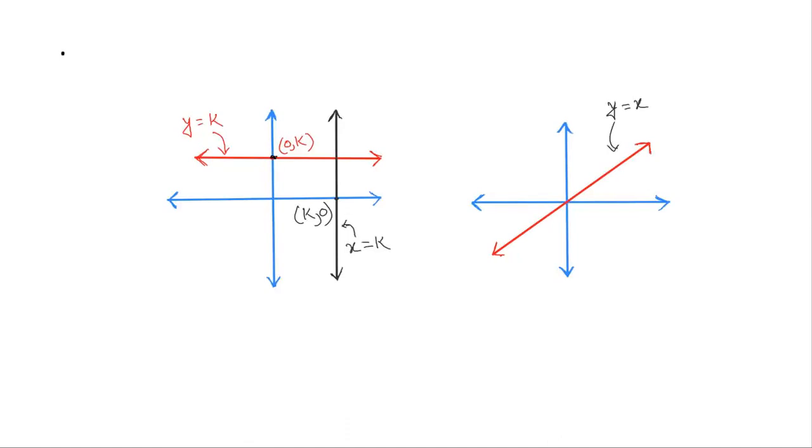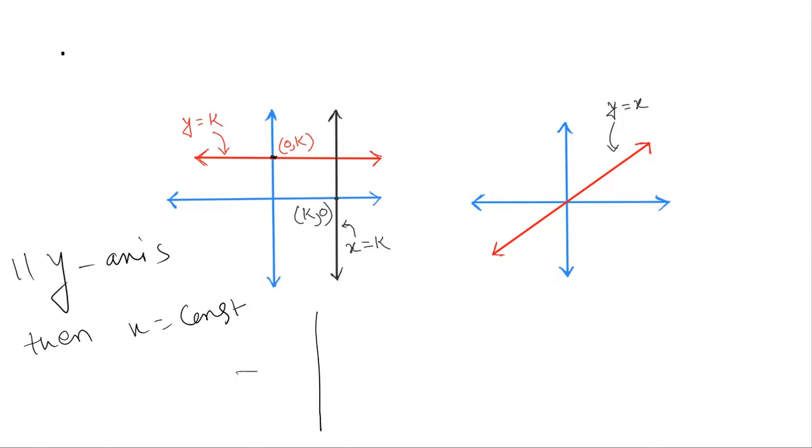Now, before proceeding to f(x) equal to x, let me tell you the graph parallel to x-axis and parallel to y-axis. If a graph is parallel to y-axis, then x equal to constant. You have to remember that.